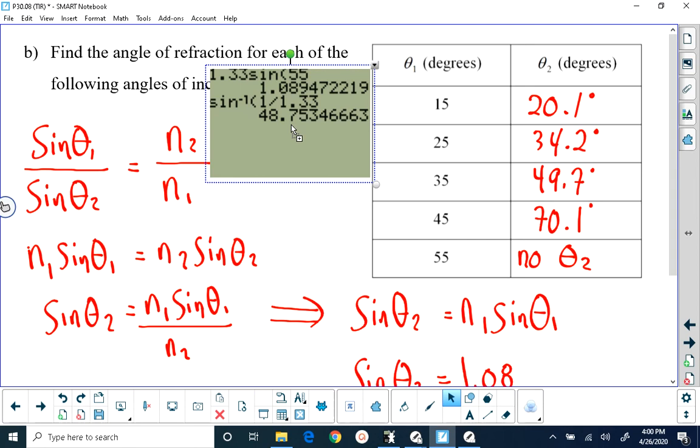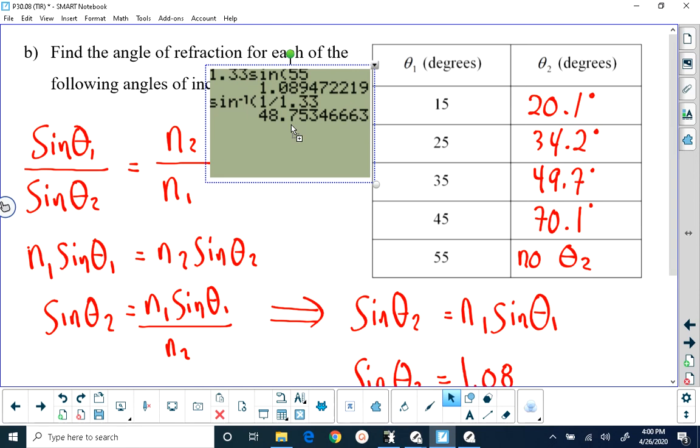So if you were to do the calculation with 48.75346662, you would get a theta 2. But if you tried to do the calculation with an angle bigger than this, like 48.75346664, you would get an error.